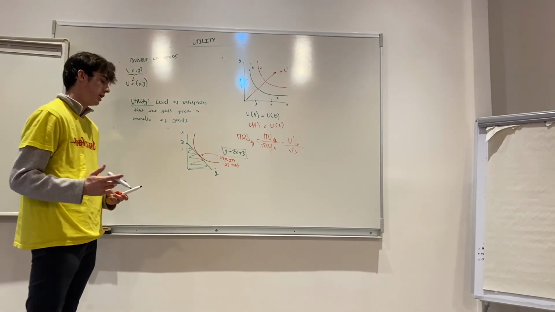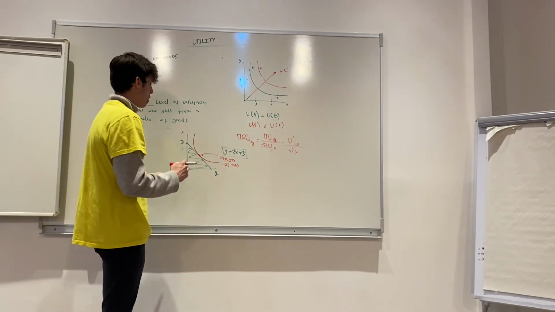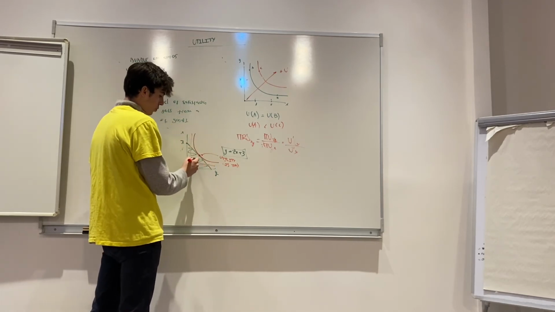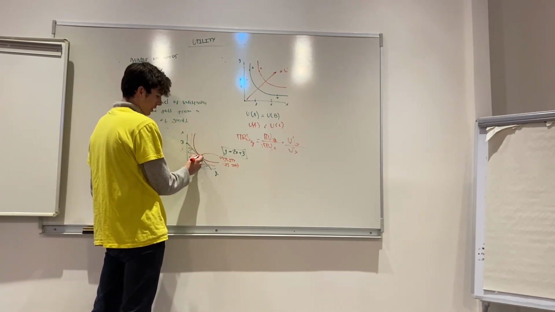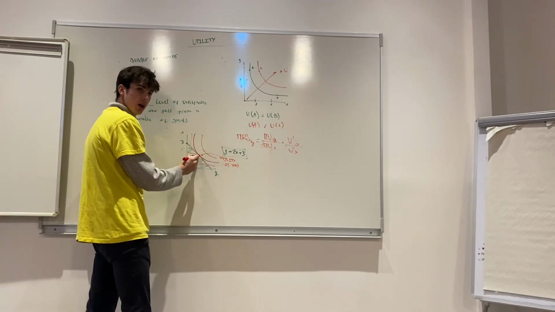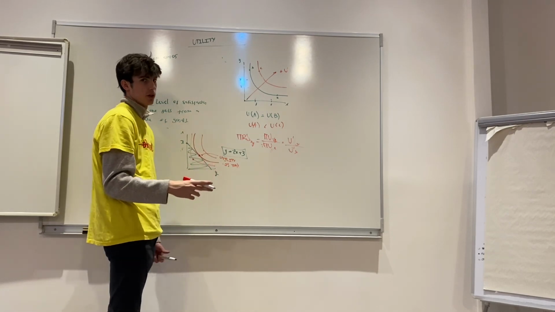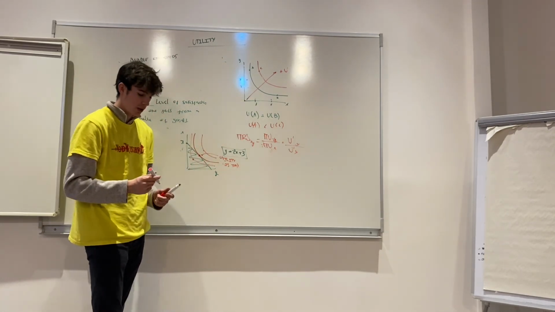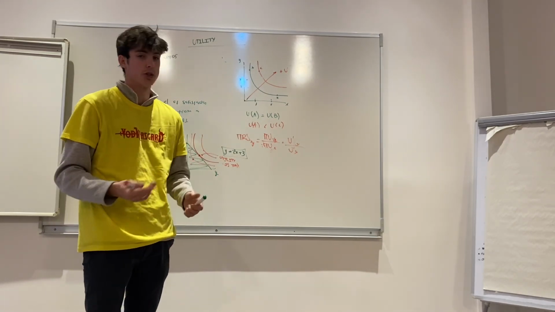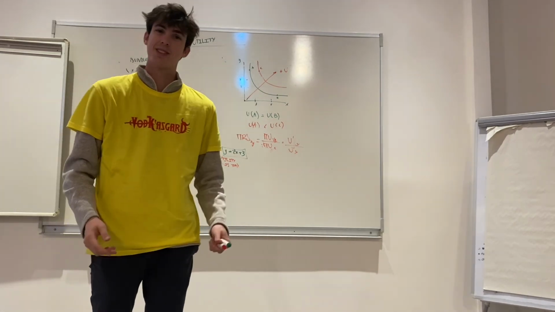For example, all the other utility functions before this one will have less utility than this point right here, while this one would have more utility, but it's over our budget line, therefore we can't use it. So that's a quick class on utility and budget line, and see you next class.